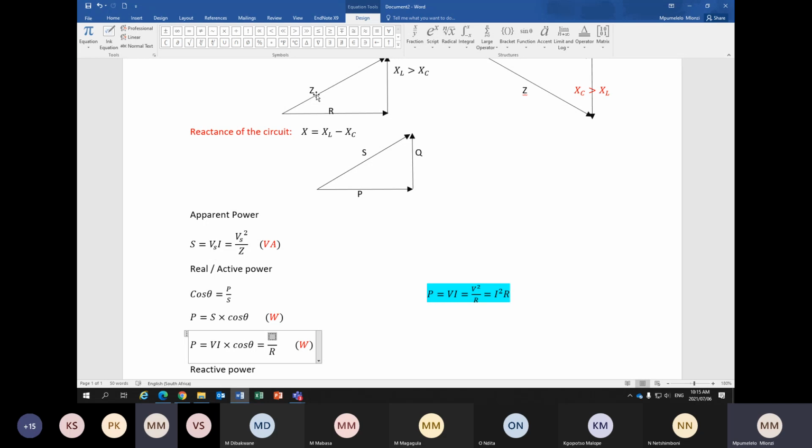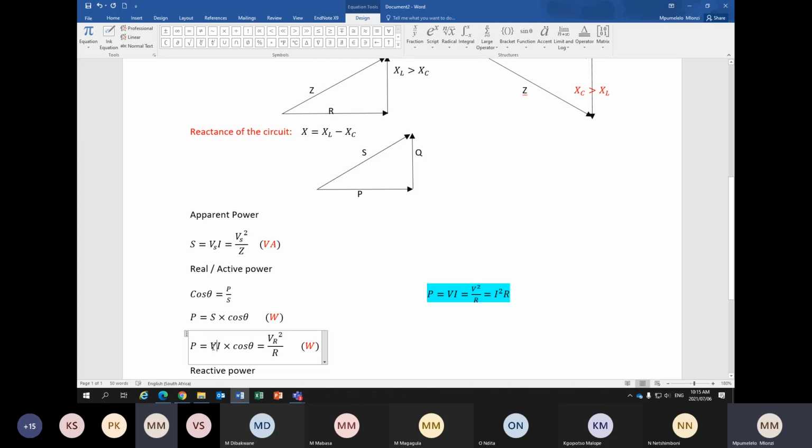Now we need to use the voltage across the resistor when we want to calculate the power using the resistor. Meaning I have to first calculate the voltage at the resistor, which will be represented by VR, and you square this.